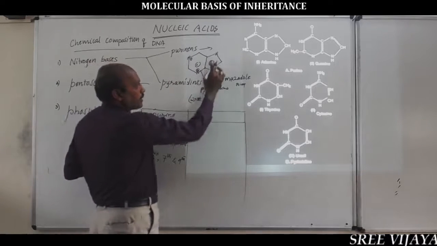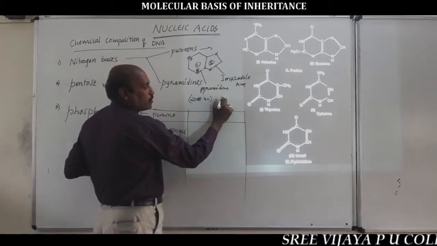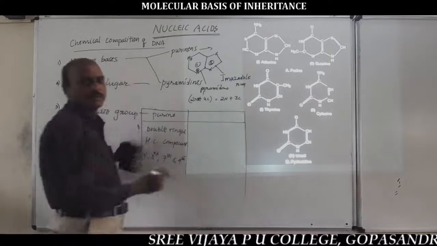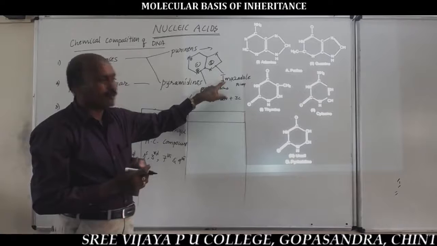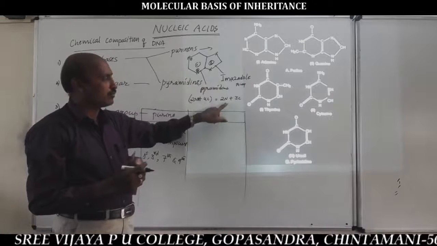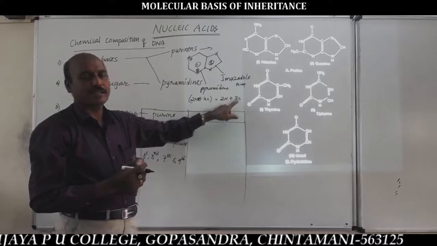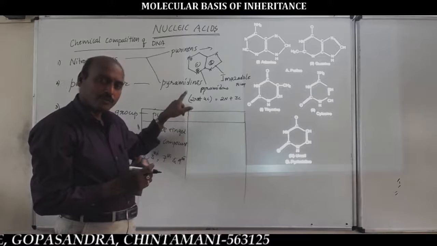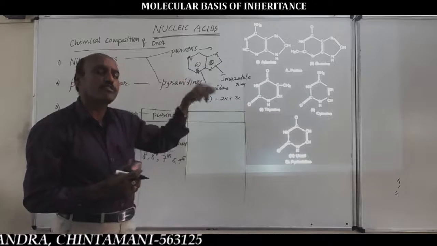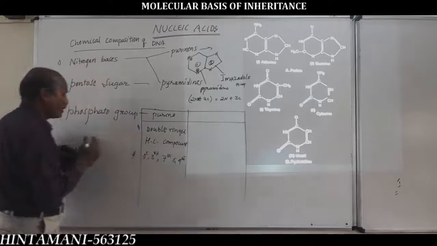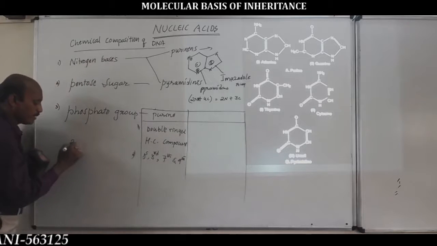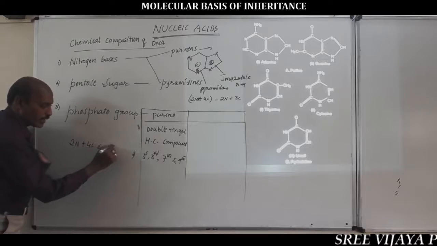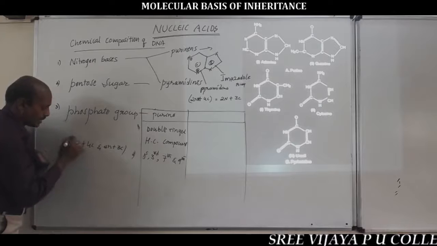Whereas the imidazole ring has two nitrogen atoms and three carbon atoms, so it is 2N plus 3C, while the pyrimidine ring is two nitrogen atoms plus 4C. You should remember: in purines, 2N plus 4C and 2N plus 3C.